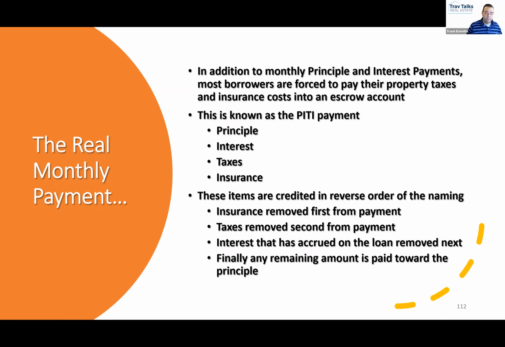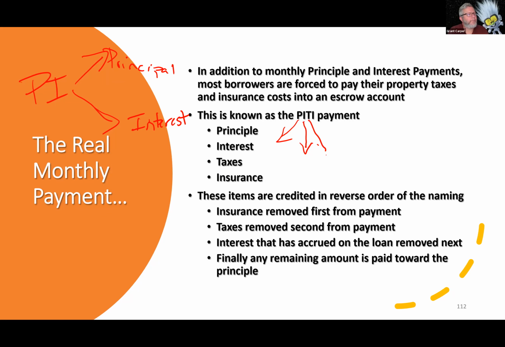Our challenge is going to be, and remember, we've already done this before. We've looked at the PI payment and then busted it up into principal and interest. Our challenge now is going to be to take a PITI payment and bust it into not two pieces, but four.